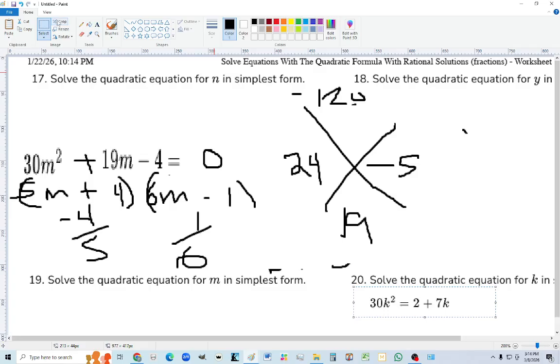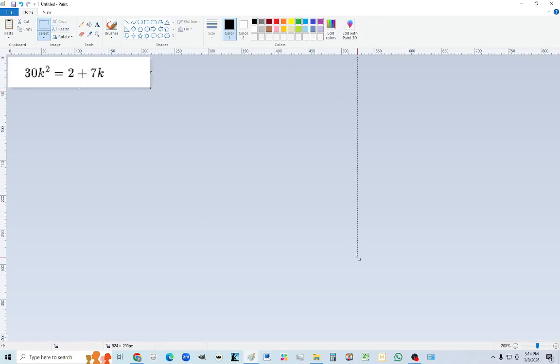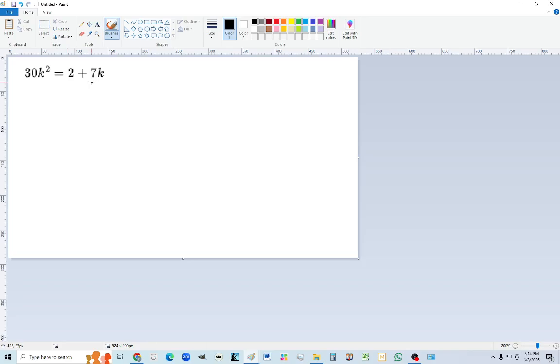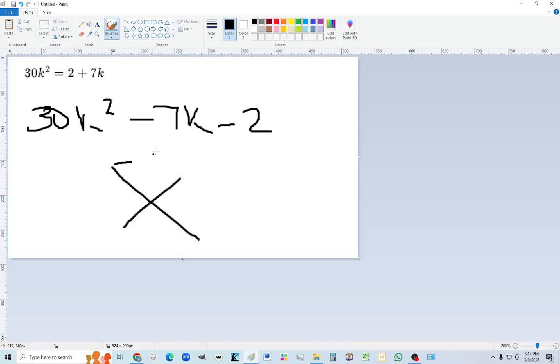So all he's doing is making me put it all into the correct side. If I subtract these from the right side, I get 30k squared minus 7k minus 2. I need to find a factor that multiplies out to minus 60 and adds up to minus 7. It's not 6 and 10. Is it 3 and 20?